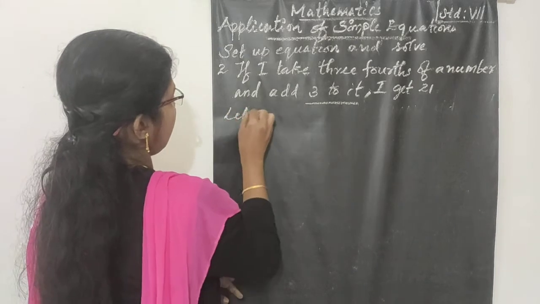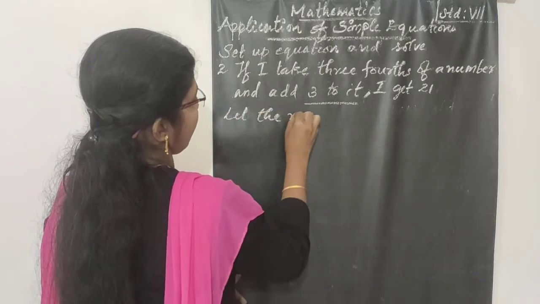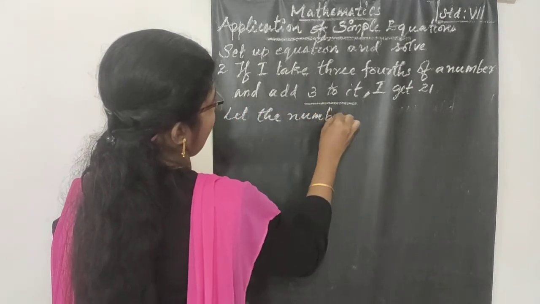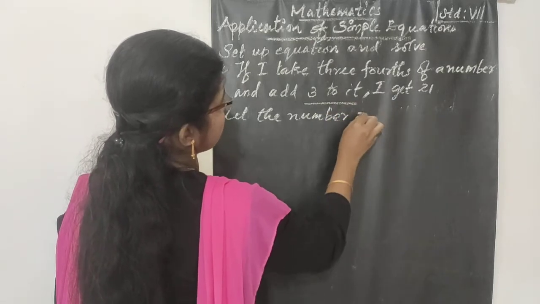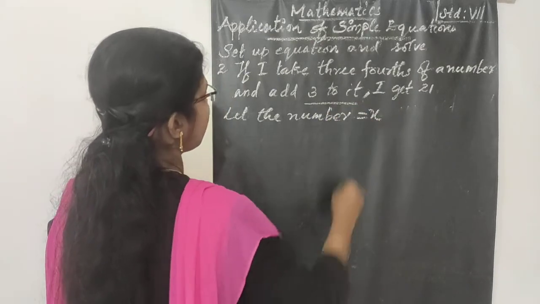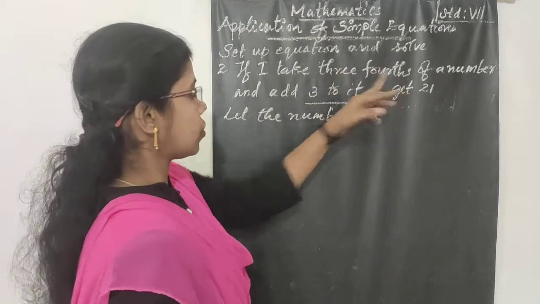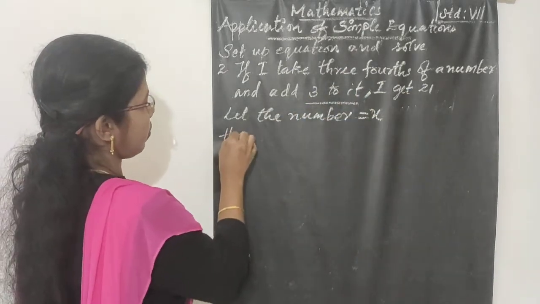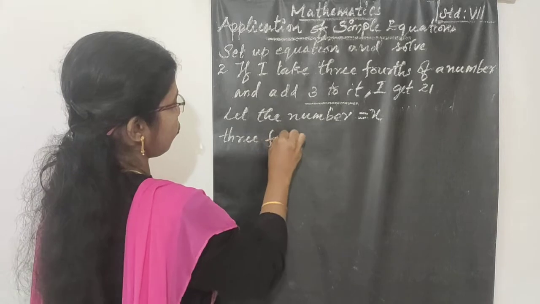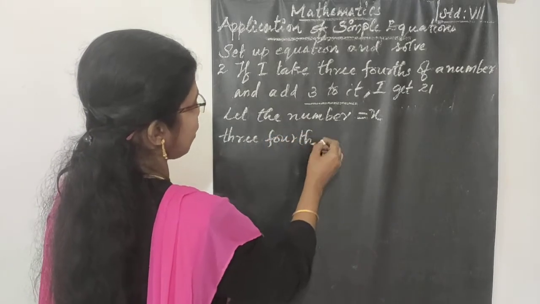Let the number equal x. Then 3/4 of a number. What is 3/4 of a number?